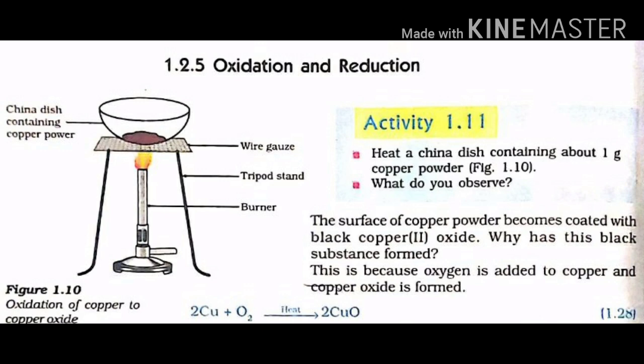On heating, the surface of copper powder becomes coated with black colored copper 2 oxide. This is because oxygen is added to copper and copper oxide is formed. The equation for this oxidation reaction is 2Cu plus O2 gives 2CuO.